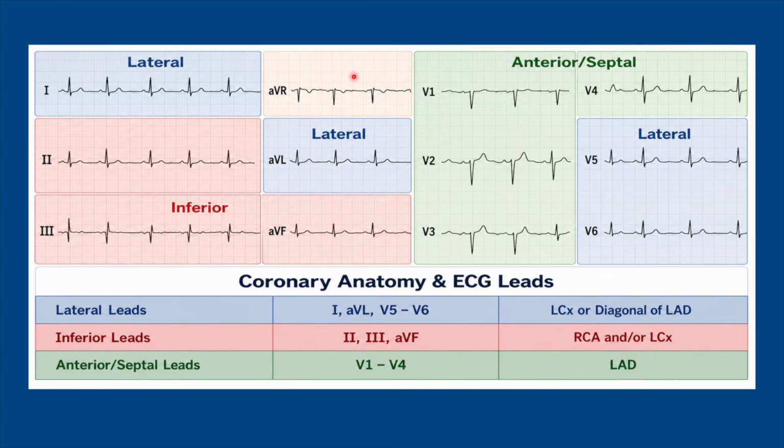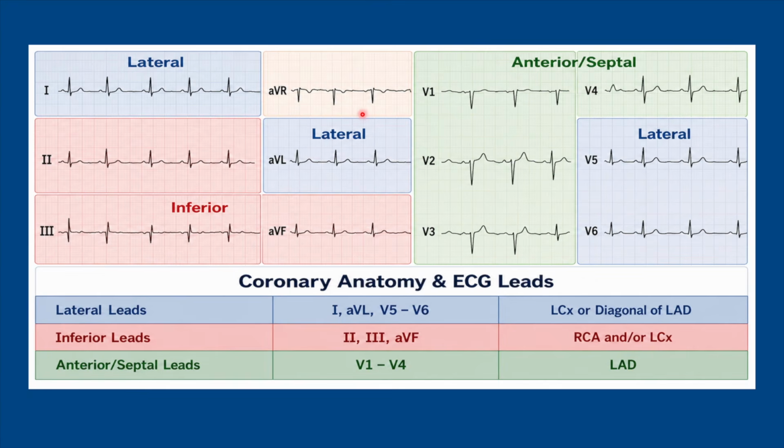Please notice that all the waves in aVR are negative waves. If you find the ECG waves are positive in aVR, this means one of two possibilities. Either the patient has dextrocardia, or, in a normal person without dextrocardia, if you find the aVR waves are positive, this means that the limb leads are not correctly placed, and this ECG is not correctly recorded.